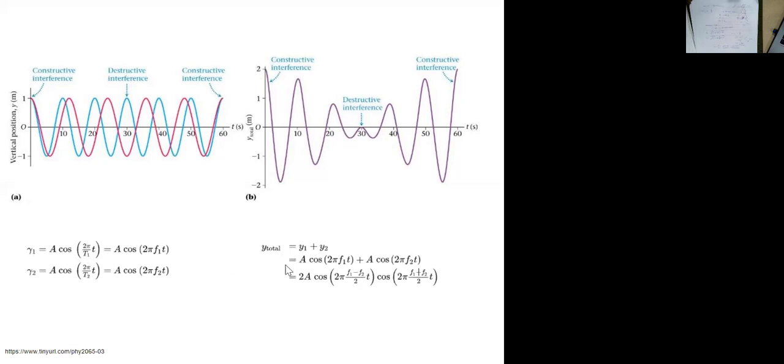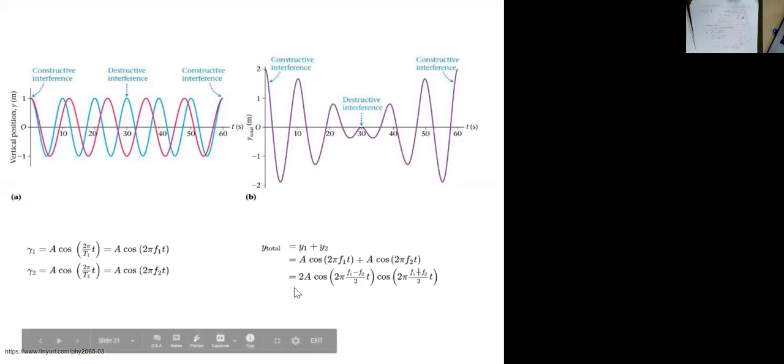If you add y1 and y2 up, they will be equal to this guy. So again, you start with a cosine function, you end up with a cosine function. This guy will be small. So this whole thing, 2a times cosine of this, will be your new amplitude.